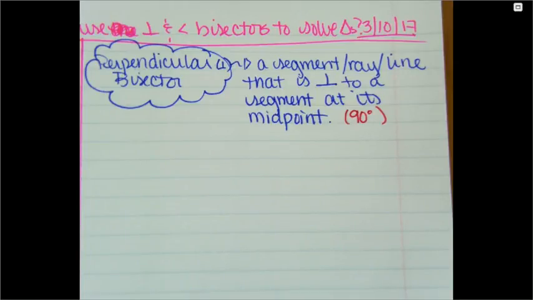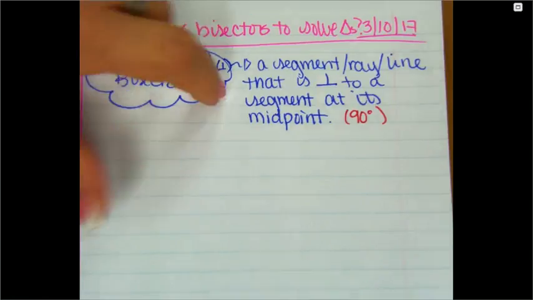Segment, ray, line. Stop, keep going, and a line keeps going in both directions. Do you understand? Do we got it?